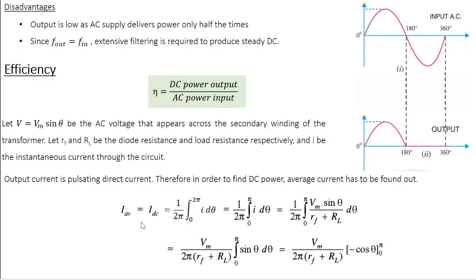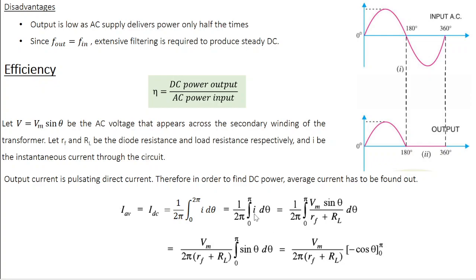So I average or IDC is defined as 1 over 2 pi integral 0 to 2 pi I d theta. But as you can see at the output side, you have some meaningful current only during the first half of the time period. So you might as well write it as integral 0 to pi I d theta divided by 2 pi, because from pi to 2 pi there is no signal.